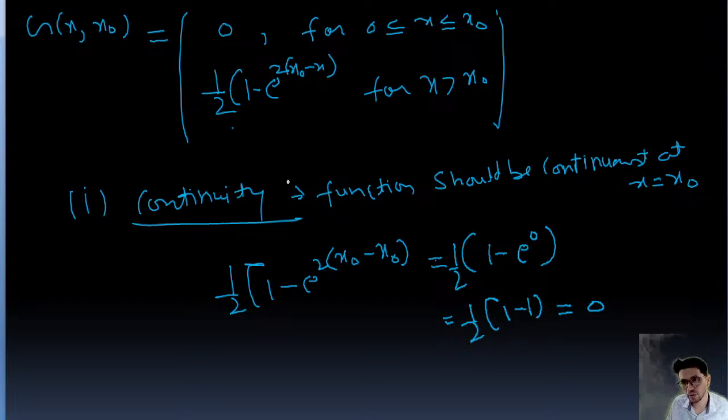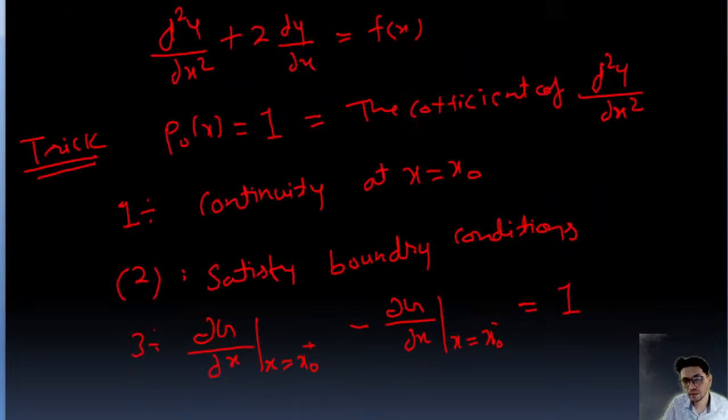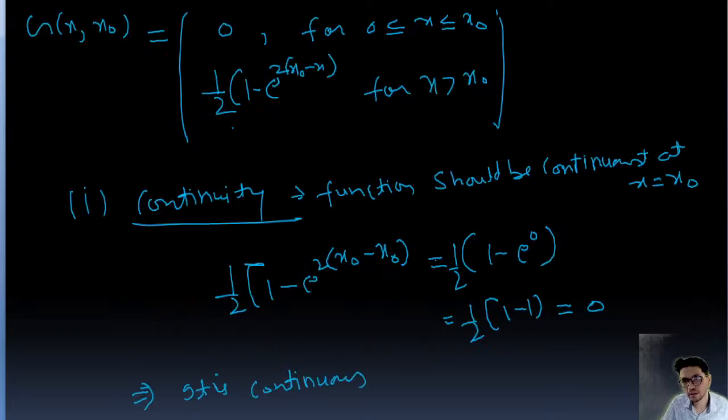This value is 0, and the first value is already 0. It means this function is continuous. So the first condition is satisfied. It is continuous.